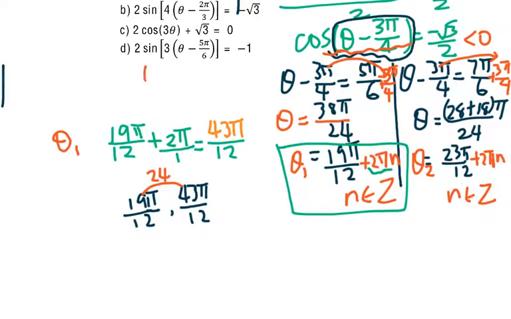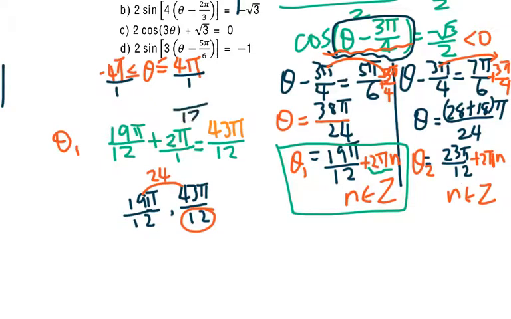Since I'm looking for angles between negative 4 pi and 4 pi, and I check the denominator is 12, for 4 pi, top and bottom, I multiply by 12.